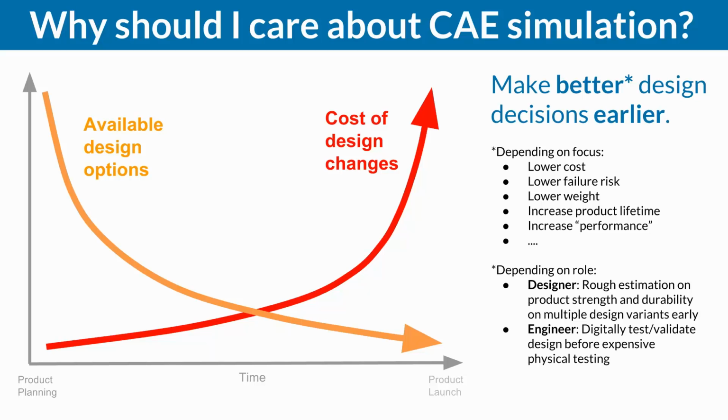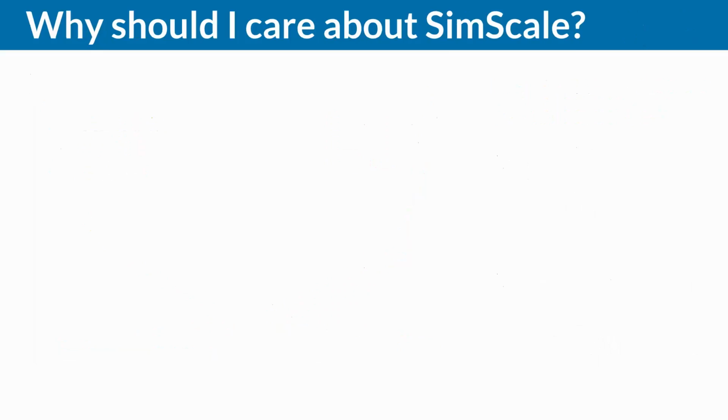An engineer, for example, might want to make a final validation of the final design before he puts it into a certification test. So the roles also play a role here.